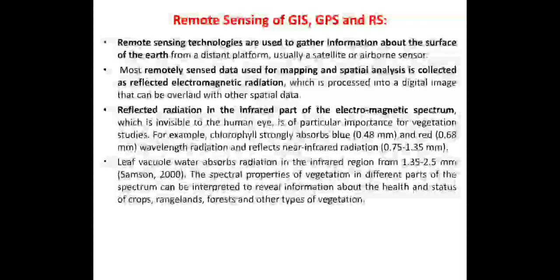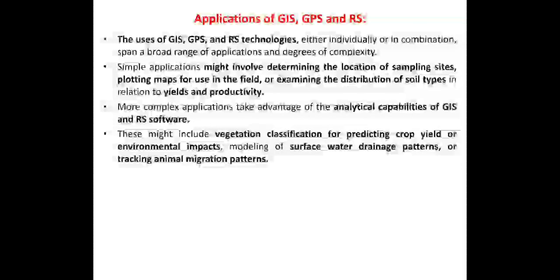Those radiations are reflected from specific objects, and the information or data is collected. That data stored in the satellites can be transferred to computers for analysis, compilation, interpretation, dissemination, and finally preparation of the mapping with the help of computers.